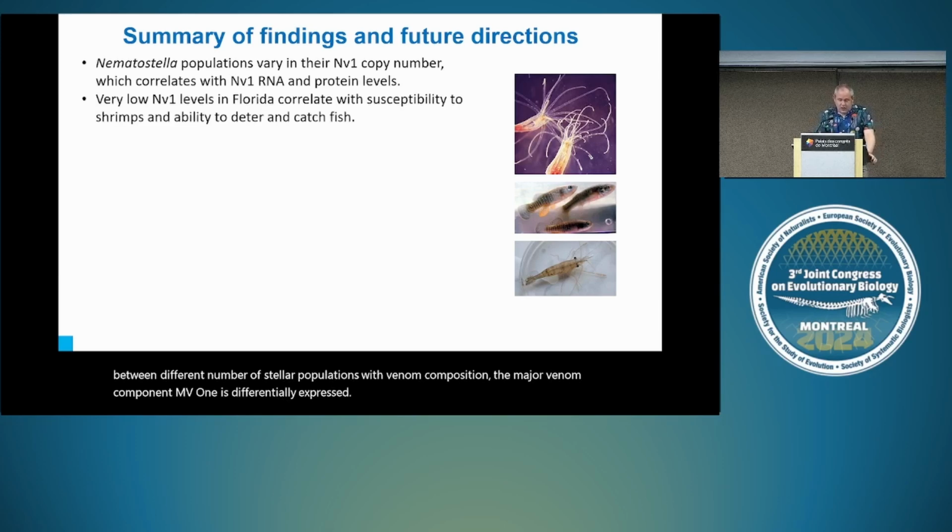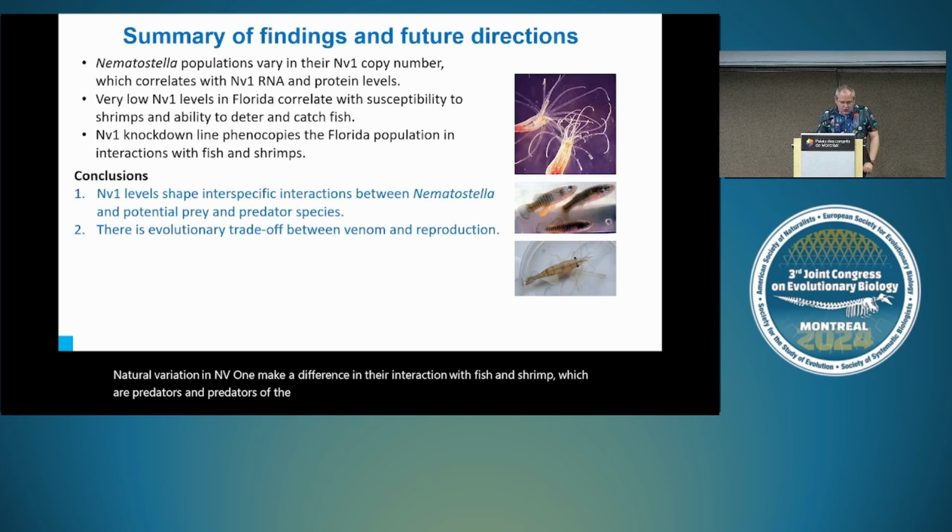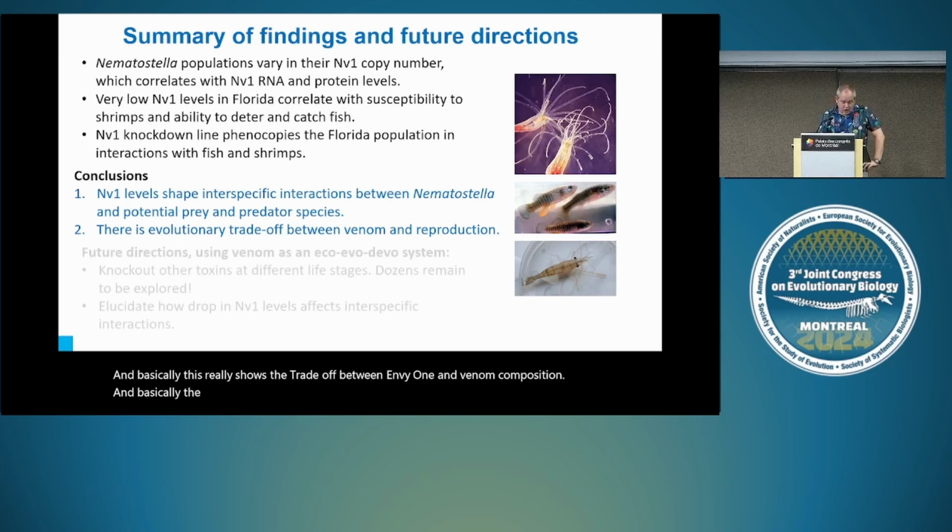And basically, we could show that manipulation of NV1 levels and natural variation in NV1 make a difference in their interaction with fish and shrimp, which are predators and predators of the predators. This really shows the trade-off between NV1, venom composition, and the ability to reproduce.